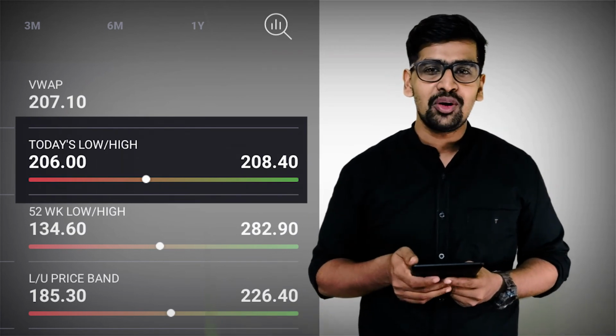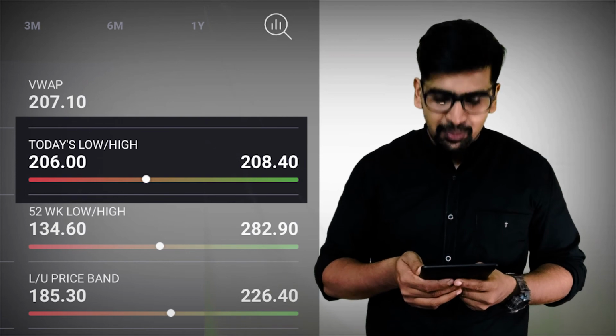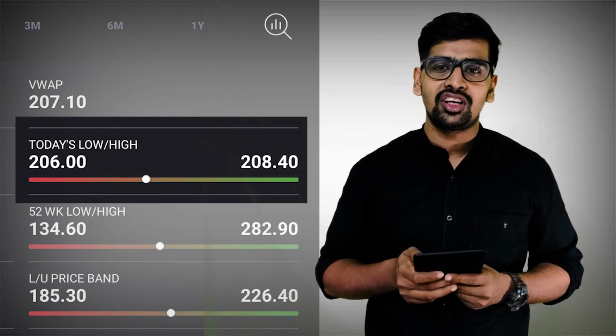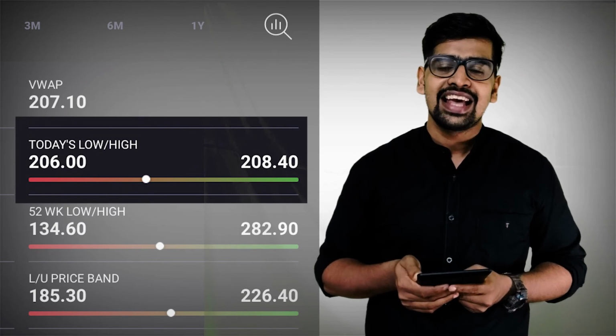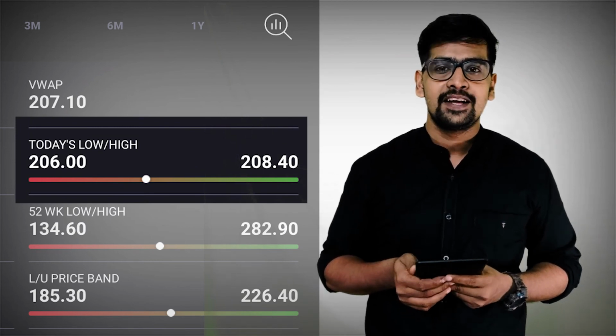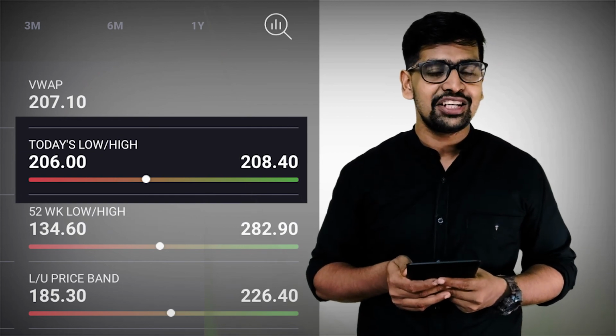So you can see from our ITC example that the share has reached a peak price of 208 rupees 40 paise and a lowest point of 206 rupees ever since the markets opened today. You can also verify the same from the graph, which pretty clearly shows us the same.